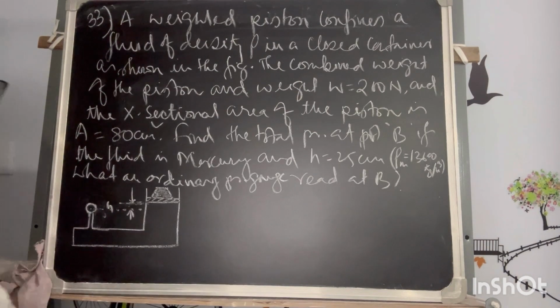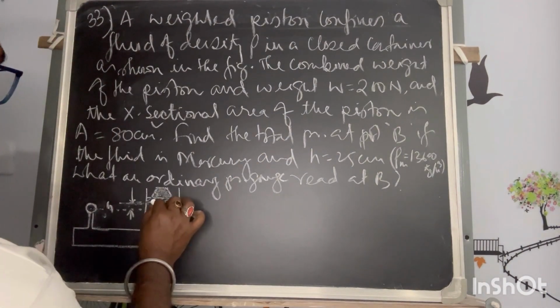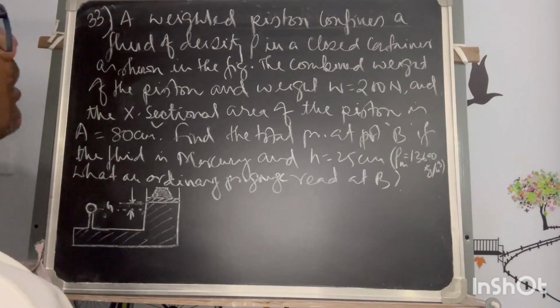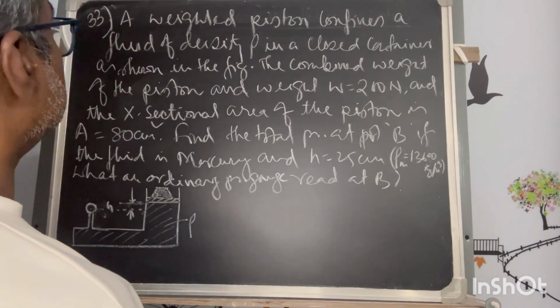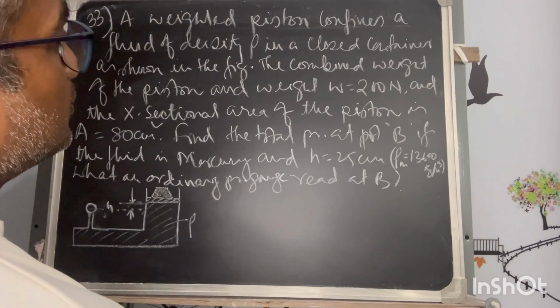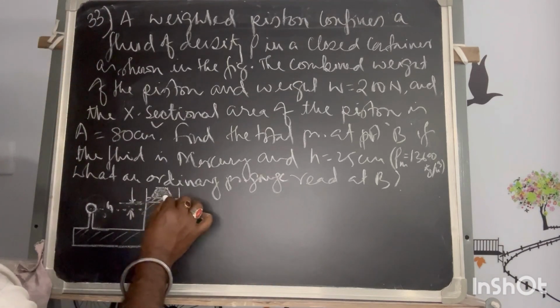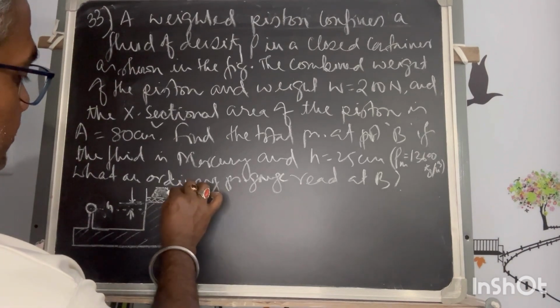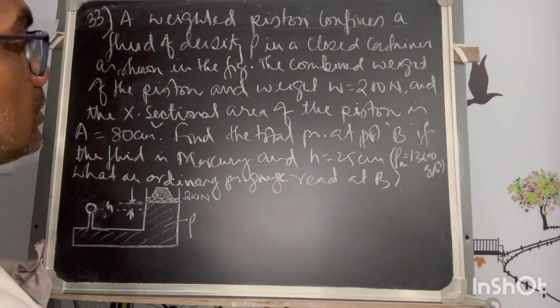Okay, so let me read it out again so that it will be clear. A weighted piston confines a fluid. This is the fluid inside this, of density rho, in the closed container as shown in the figure. The combined weight of the piston and the weight, the piston having some weight plus the weight, all together gives 200 Newton of force.